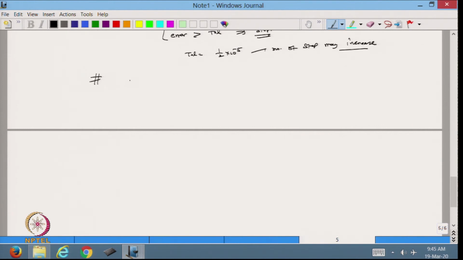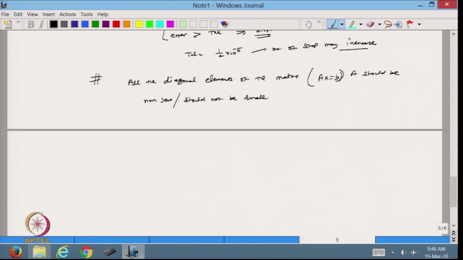So, we know that all the diagonal elements of the matrix A of the system Ax is equal to B should be non-zero or should not be small, because division by a small number should be avoided.